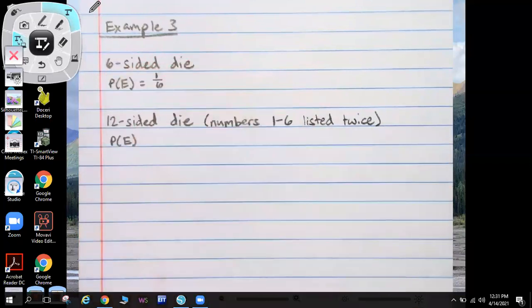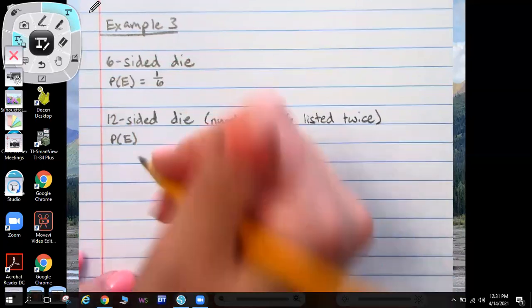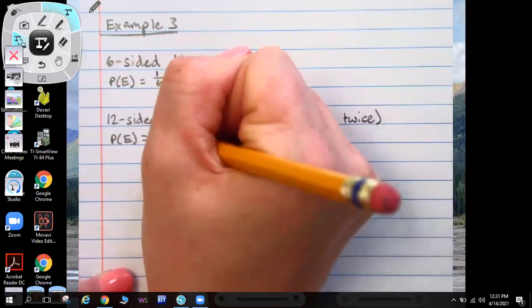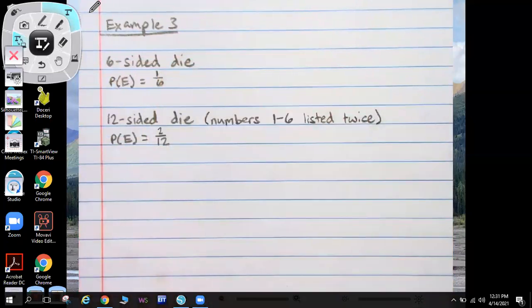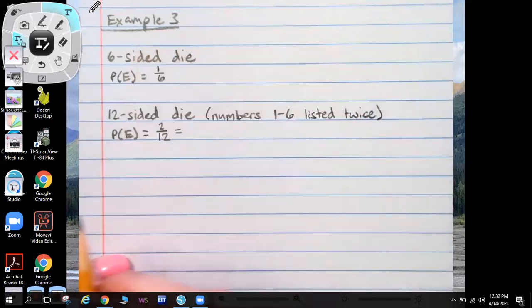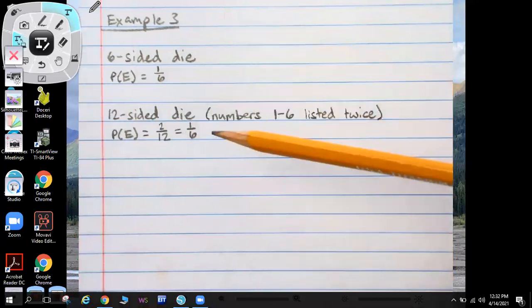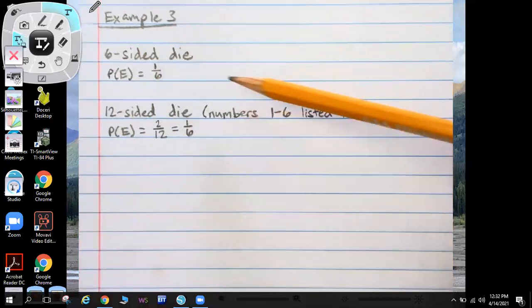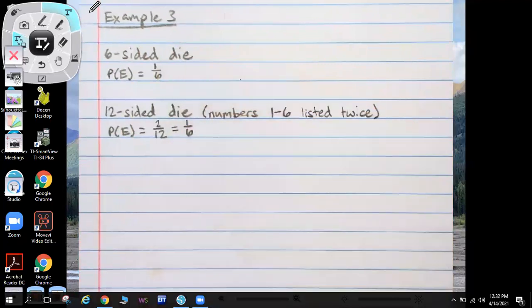So the probability of rolling any number on this die would be 2 over 12, because there's 2 1s out of the 12 numbers on the die, there's 2 2s, there's 2 3s, and so on listed on this 12-sided die. 2 over 12 can simplify to 1 over 6. So the probabilities for rolling each number are going to be the same no matter which of these that this person uses.